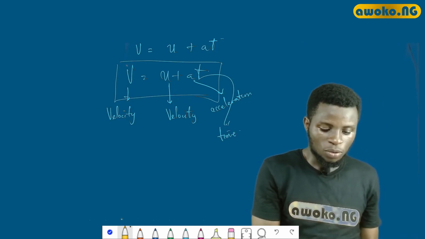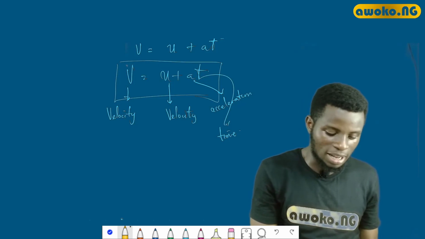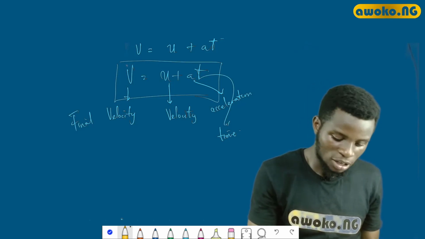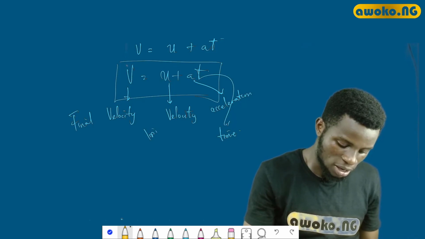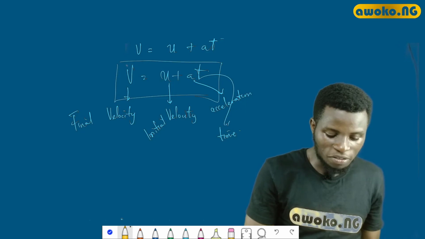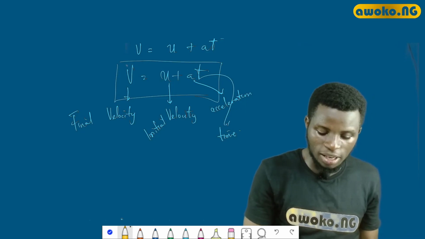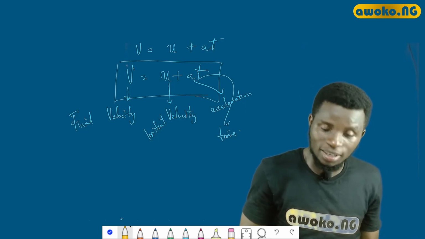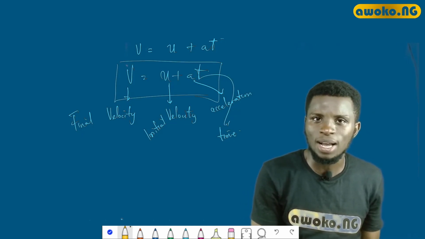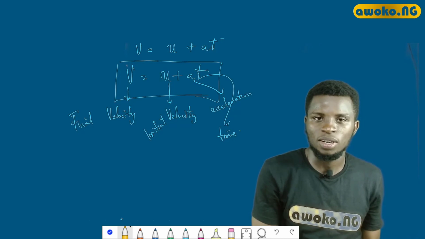So what differentiates V from U is that V is the final velocity and U is the initial velocity. A is the acceleration and T is the time. Okay, now I want to check how correct or exact this equation is.